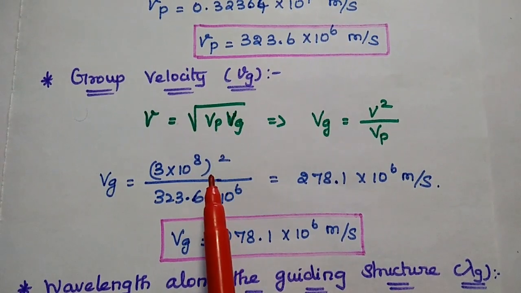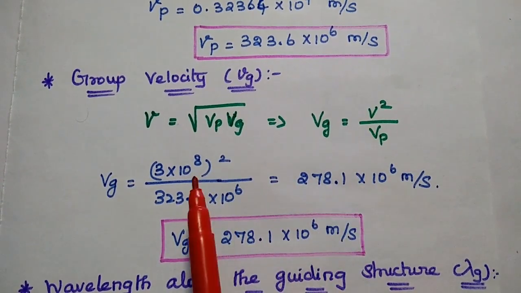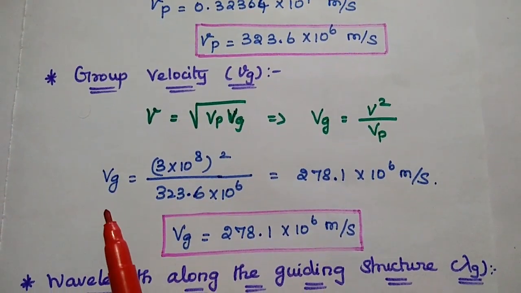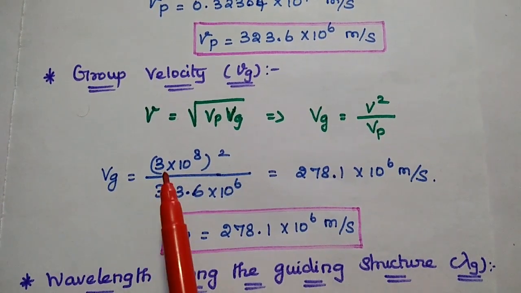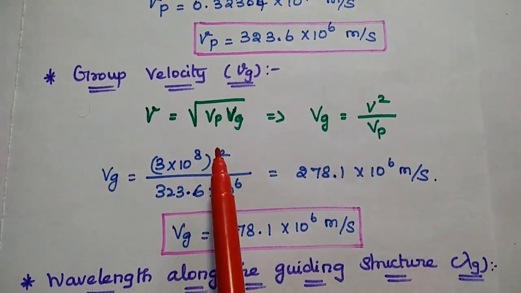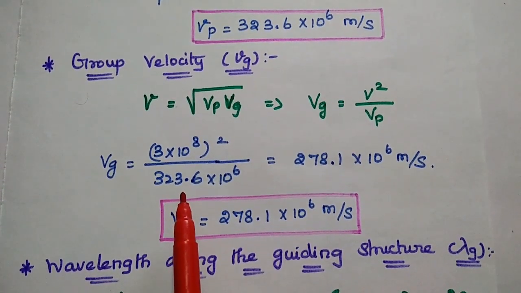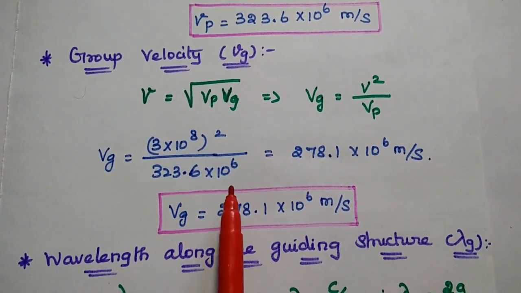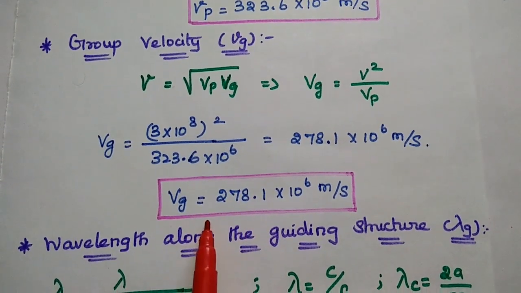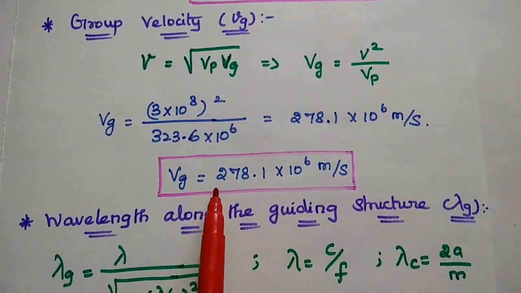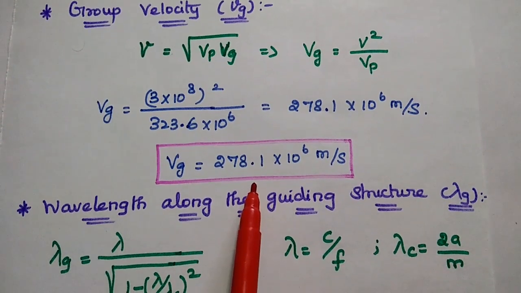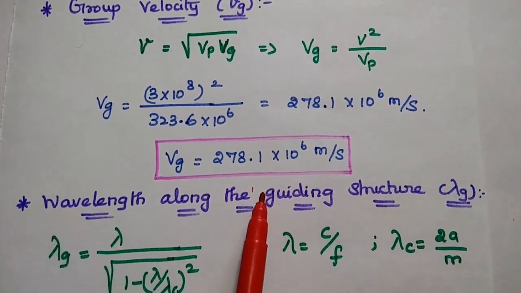For air medium, V is nothing but the velocity of light. So we can get the group velocity is equal to (3 into 10 to the power 8) the whole squared by the phase velocity, 323.6 into 10 to the power 6. The answer is 278.1 into 10 to the power 6 meter per second.